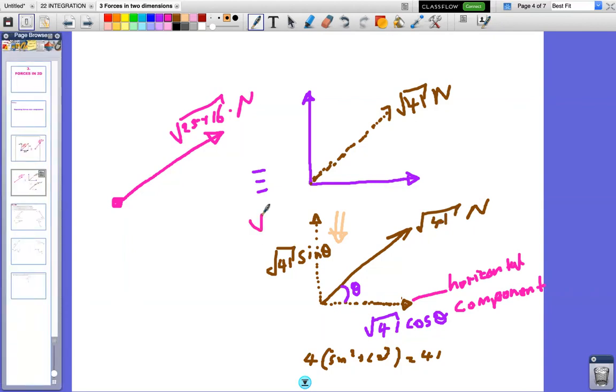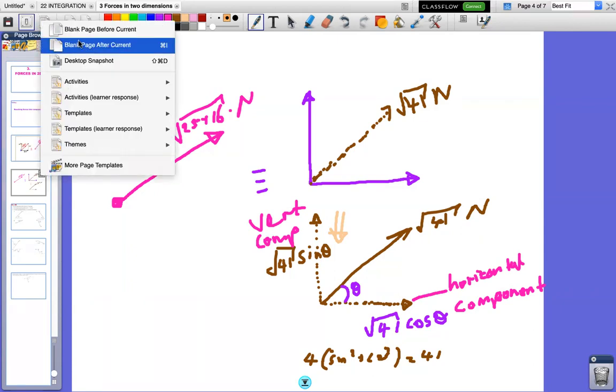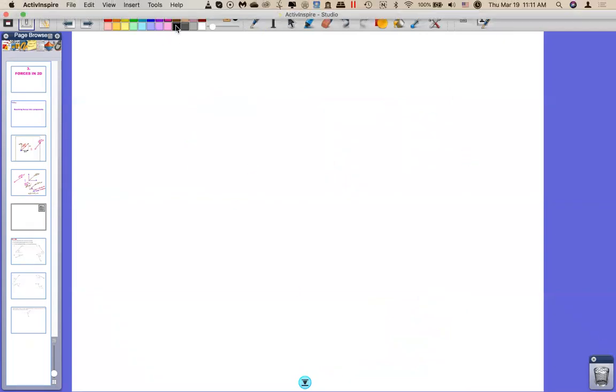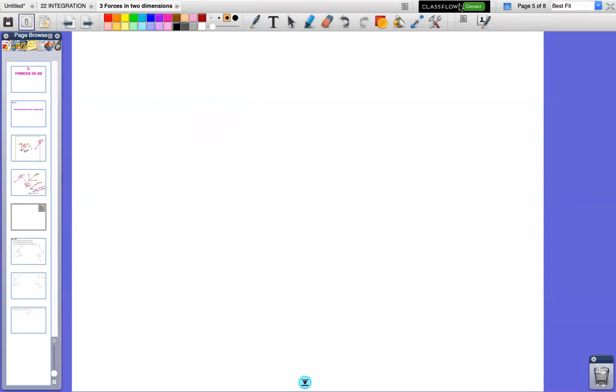And this one is the vertical component of that force. So in conclusion, if we have any force, this works for any vector, not only forces. But we are dealing with forces today.